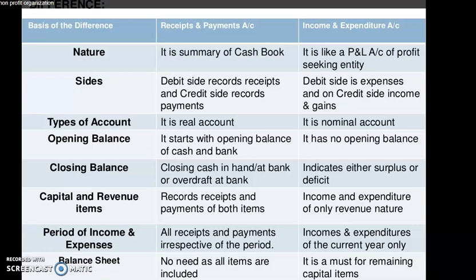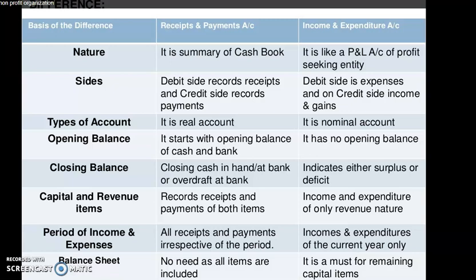On the basis of capital and revenue items, the receipts and payments account records receipts and payments of both items. In the income and expenditure account, income and expenditure of only revenue nature. On the basis of period of income and expenses, under the receipts and payments account, all receipts and payments irrespective of the period.